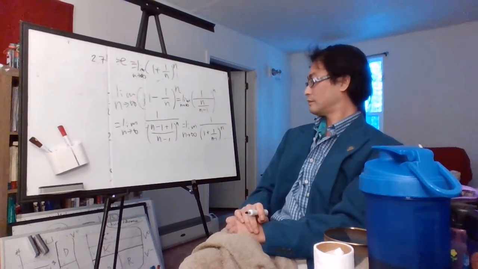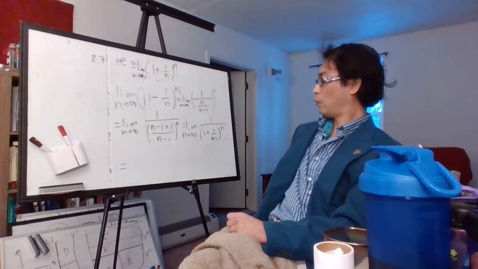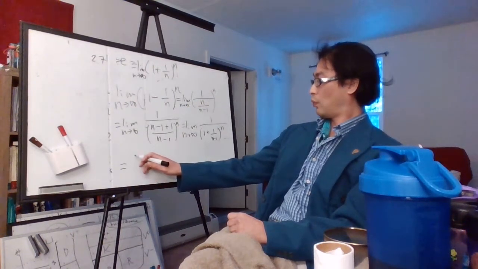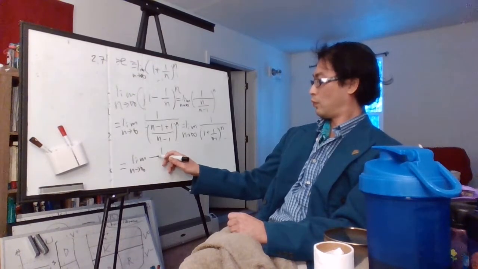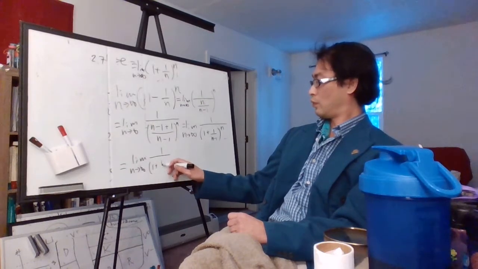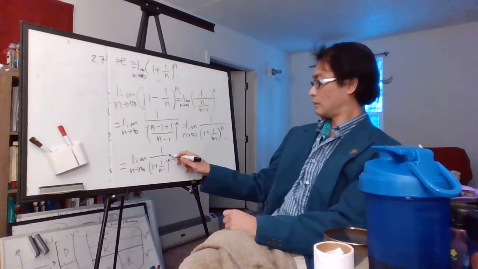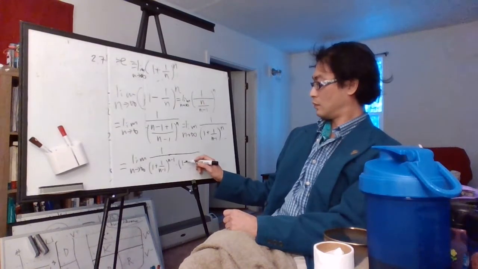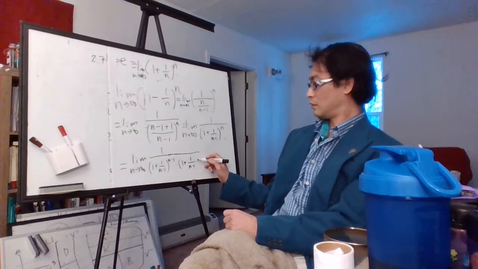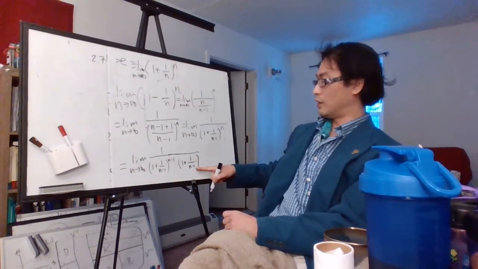So as n goes to infinity, 1 over infinity minus 1, infinity minus 1 is infinity.